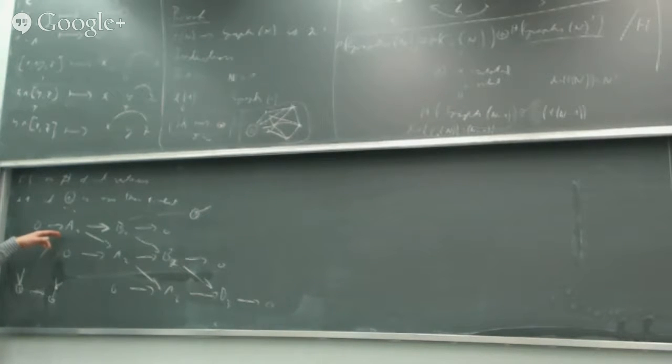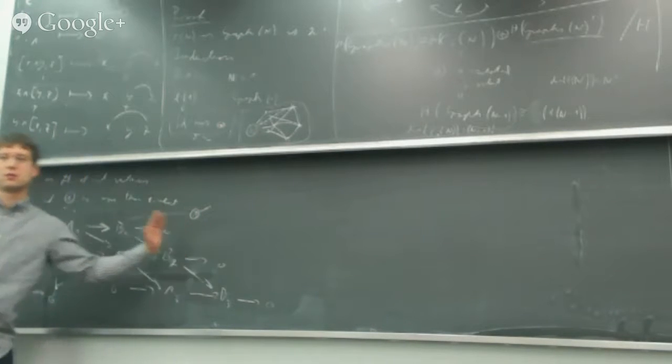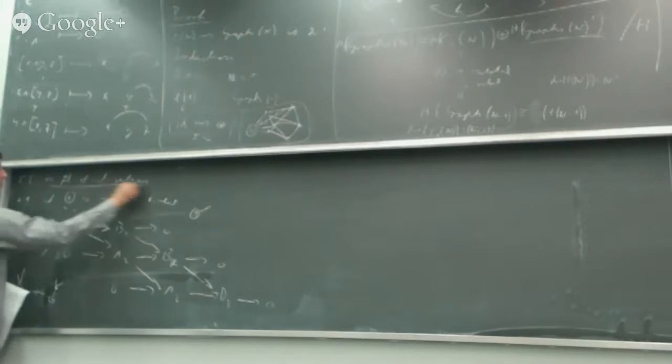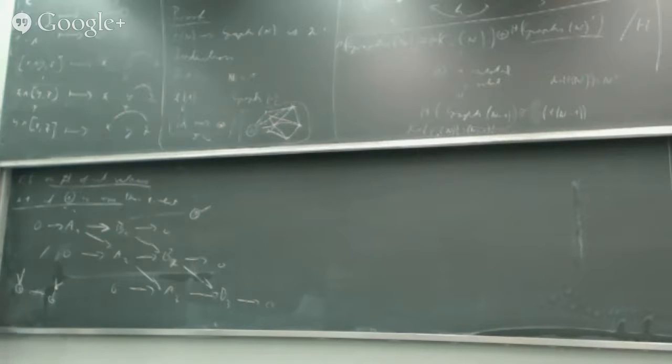And what is the degree? Degree is this: B1, B2, B3. It's the number of vertices inside. What's the difference between B1 and B2? This number. This is the degree of the filtration. So I'm making a filtration on this.